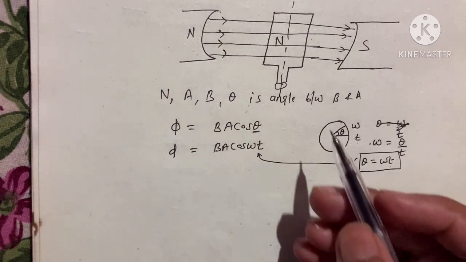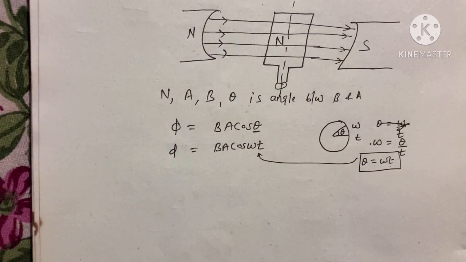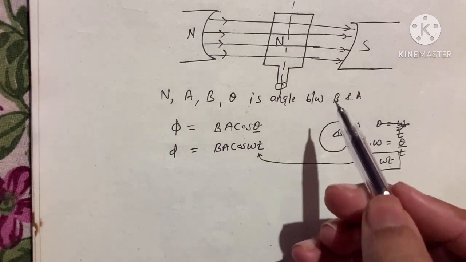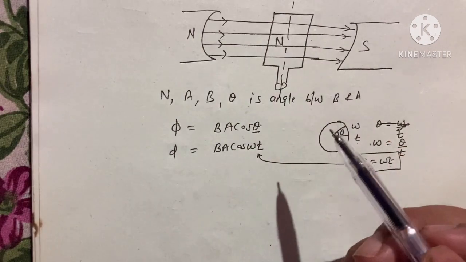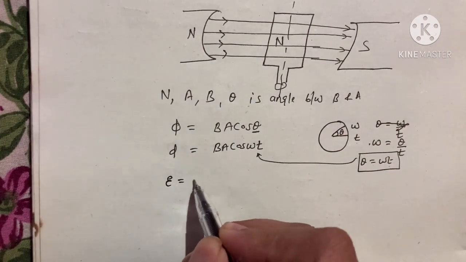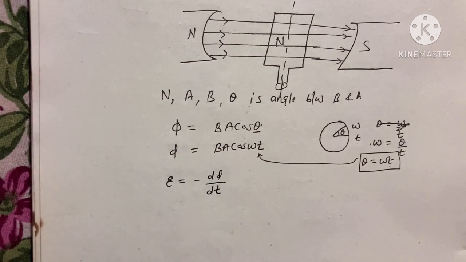Now this is the flux, and according to Faraday's law of electromagnetic induction, the flux rule, we want to know how much EMF is induced in this coil. That can be found by differentiating flux, minus d phi by dt.